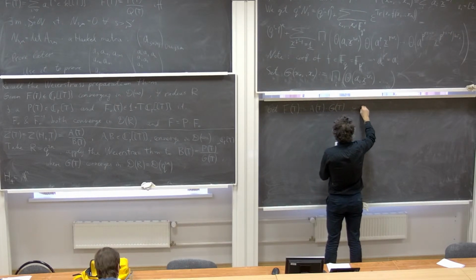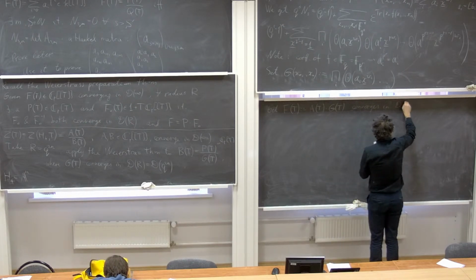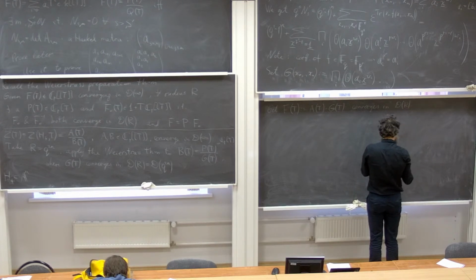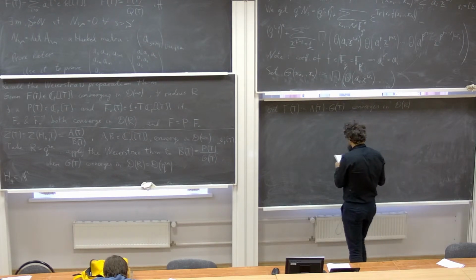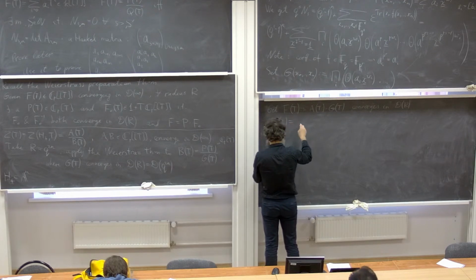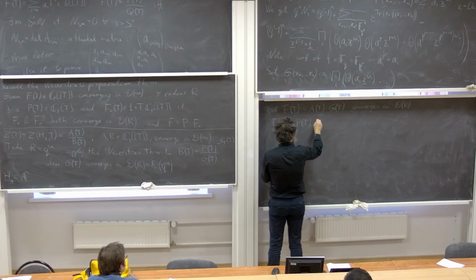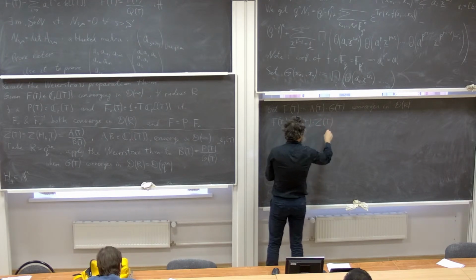So it converges in D of r as well. And f of t is also equal to p of t times the zeta function, just by construction.